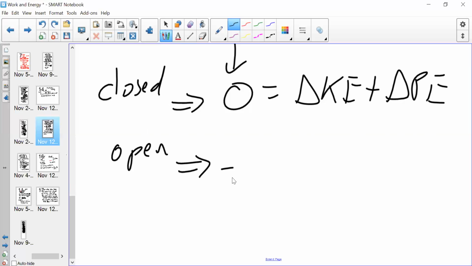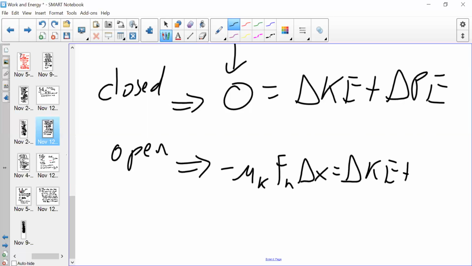So open everything up, assuming that we're moving. So back in the day, old AP Physics B, Physics 1, we state conservation. In reality, we must do this as well.